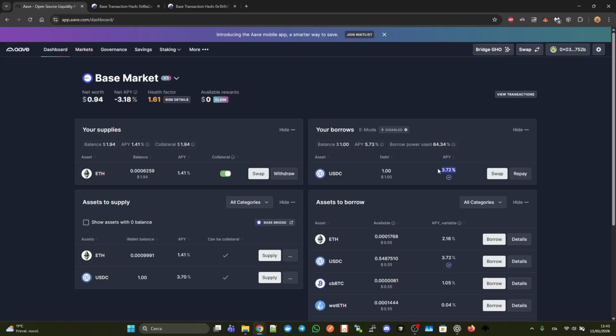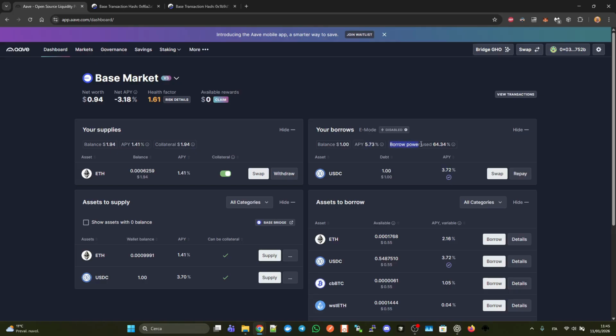As we said earlier, this is in reality 5.73% because this takes into account the rewards, the incentives that the platform gives you.